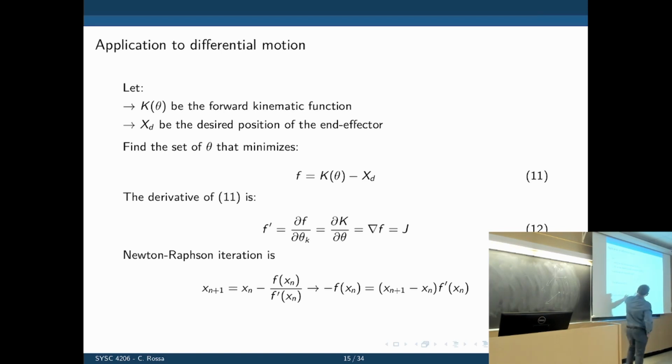So we are left with the partial derivative of the forward kinematics with respect to the angles, which is the Jacobian of the manipulator. This term disappears, and we are left with the gradient of f, which is exactly the Jacobian of the robot, relating changes in the end effector position to changes in the joint position.